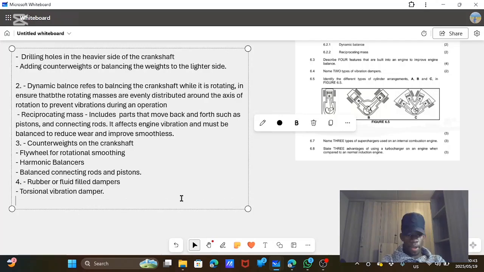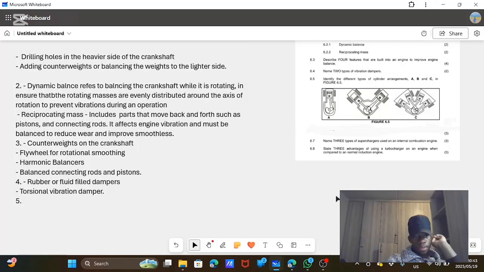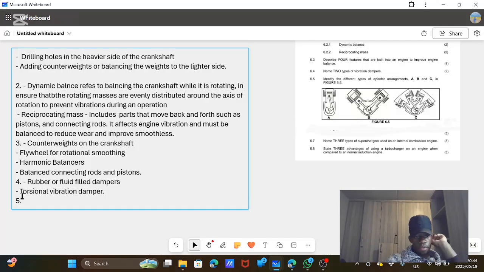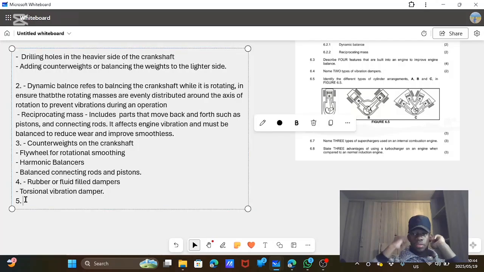Number five wants us to identify different types of engine arrangements. A is an inclined or straight engine.